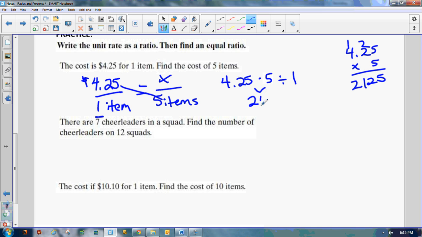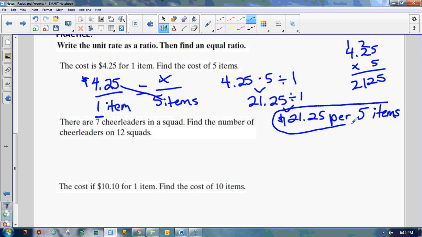It is 21.25, and that divided by 1 just gives us the same amount. So our cost is $21.25 per 5 items. And that would be that unit rate, and right here would be that equivalent or equal ratio.